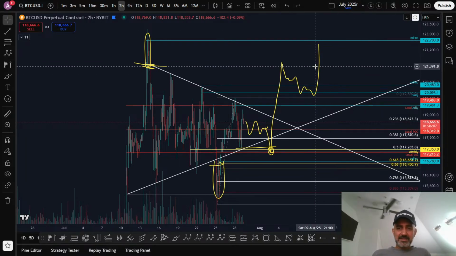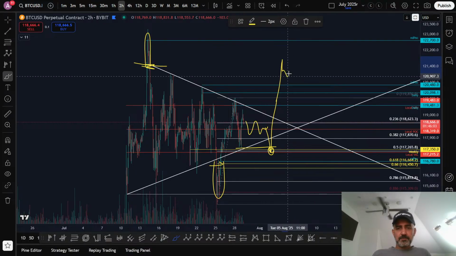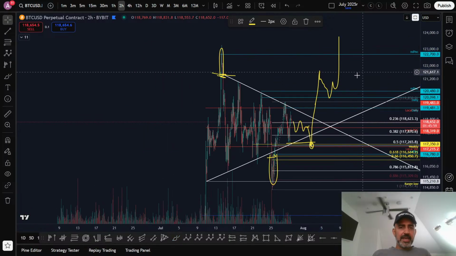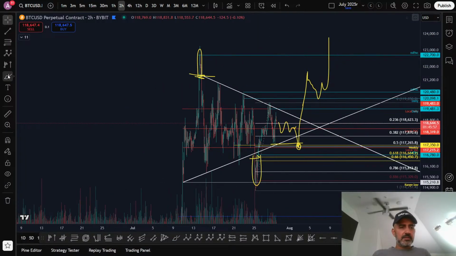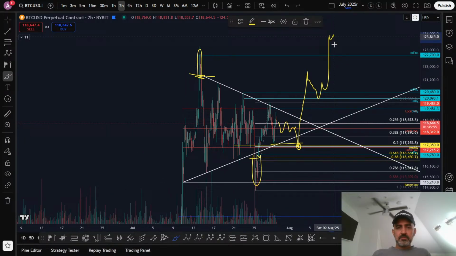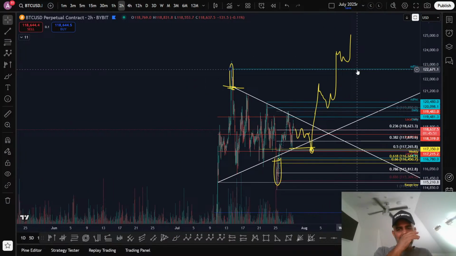Maybe not even that slow, to be honest with you, because if you're going to impulse up, you'll start getting some buying, and then you can actually start rallying all the way up to the target of 130.